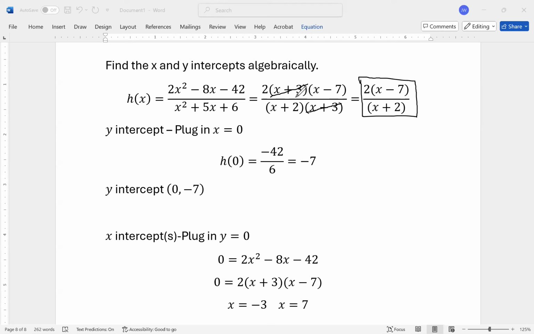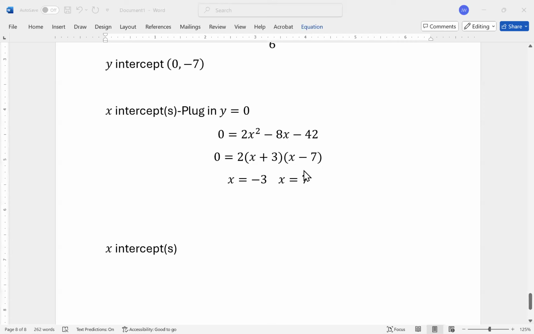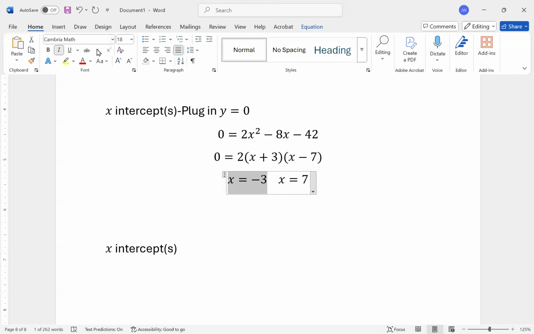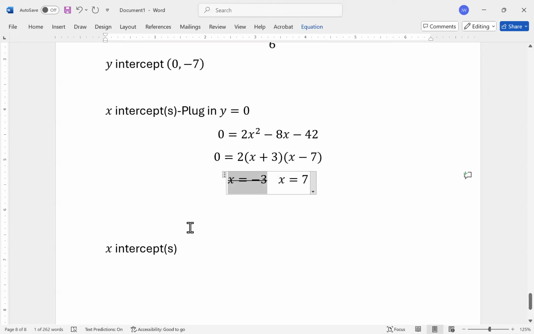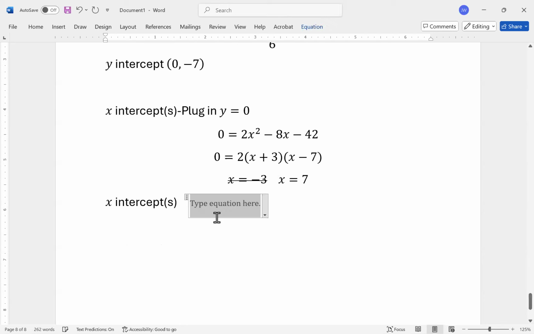So in the same way we had to cancel out like factors when finding vertical asymptotes, we also have to cancel out like factors when finding those x-intercepts. So this x equals -3 is not an actual solution because we have to cancel out like factors. And therefore, I only get one x-intercept, and that is the point (7, 0).